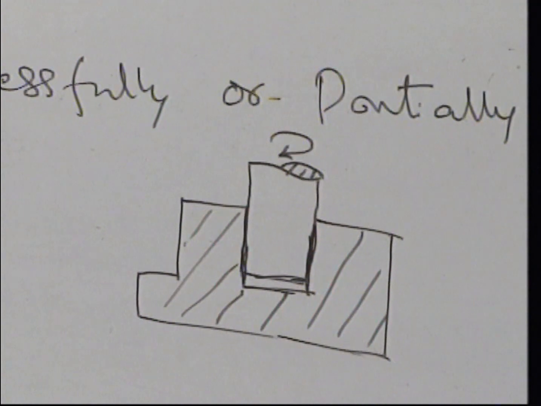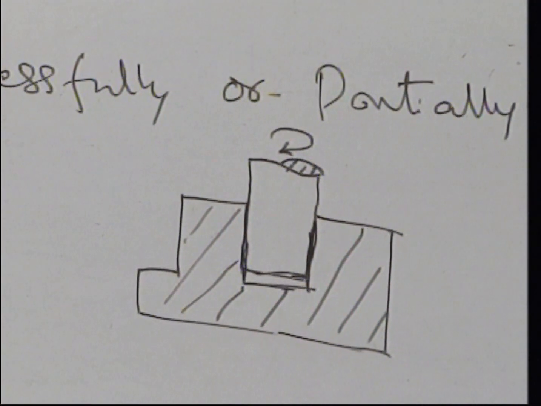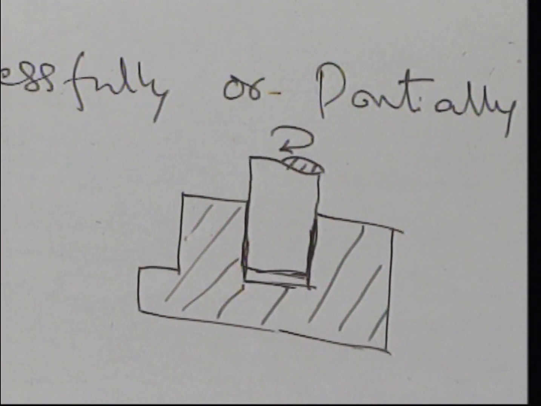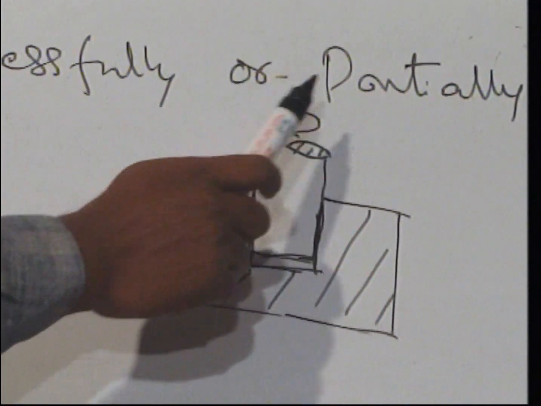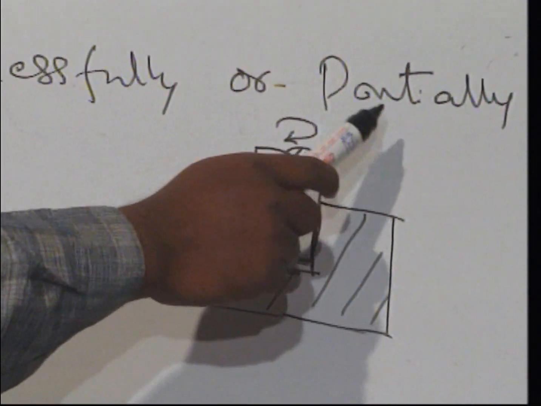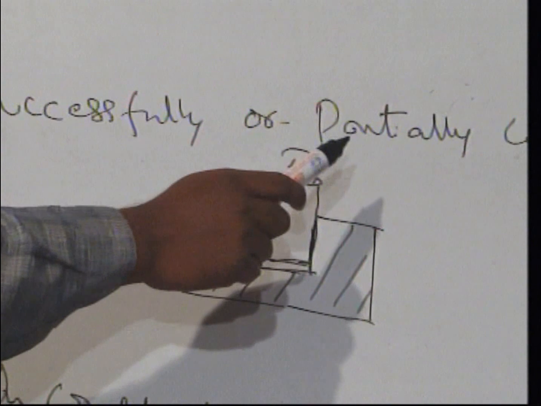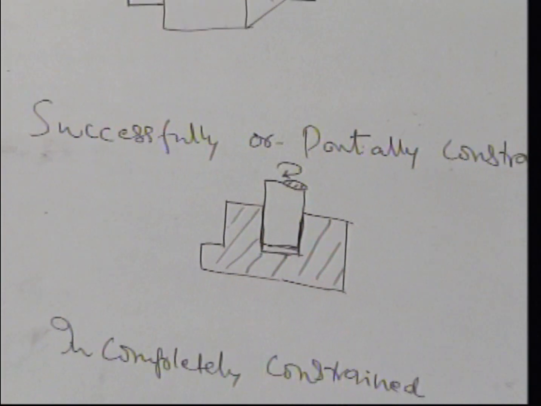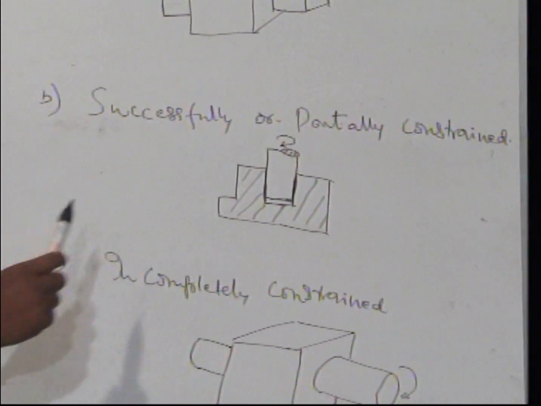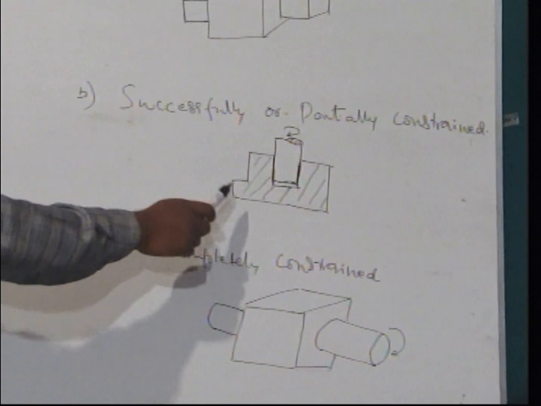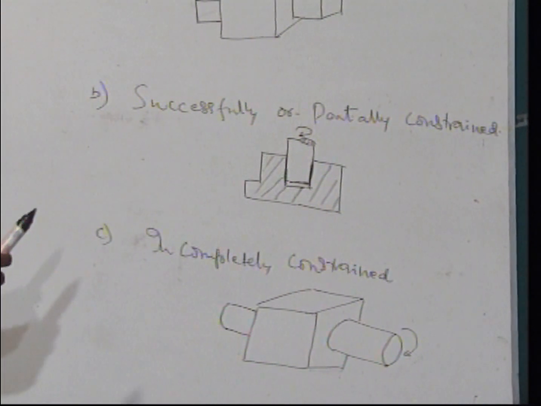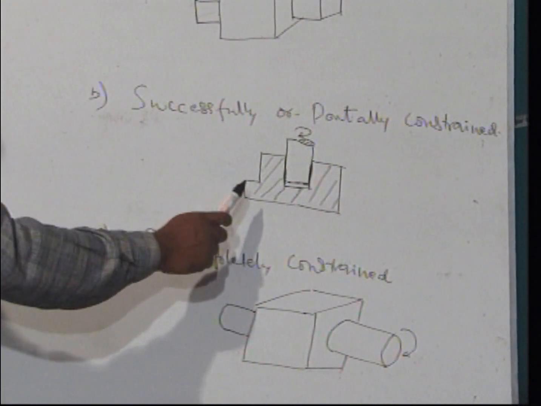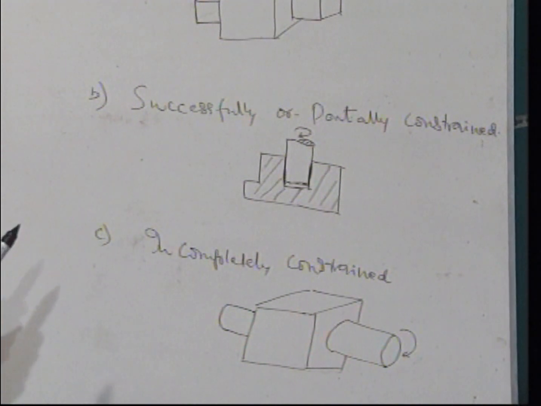It is not a totally defined movement. So, it is called a partially constrained or successfully constrained motion. Another example we can quote in this regard is the internal combustion engine valve.